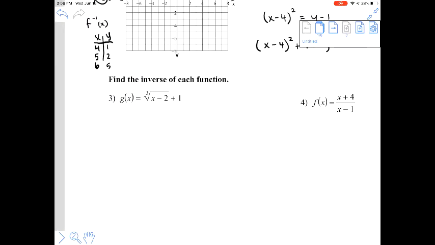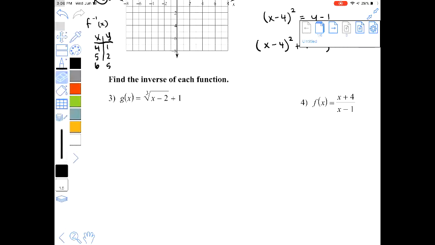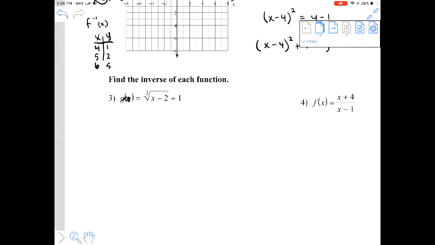Okay. For 3 and 4, we just need to find the inverse. Remember the way to find the inverse is switch the place of x and y. So considering g of x to be a y, the first step would be switch the place. And then subtract 1 on both sides.